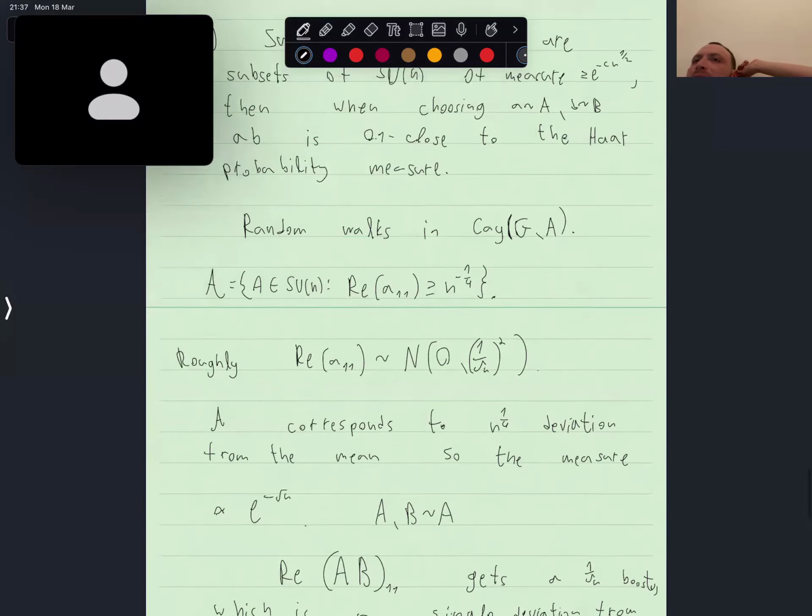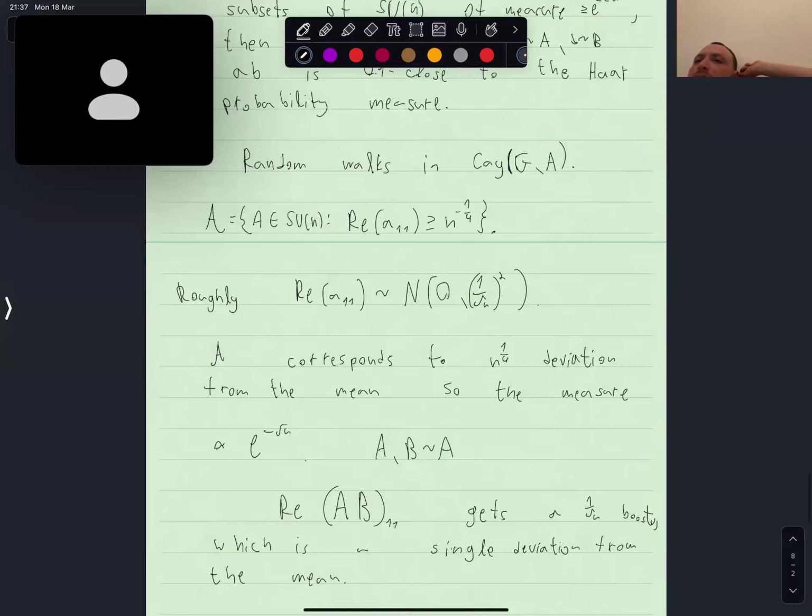You can construct a similar example to show sharpness for the product mixing conjecture.